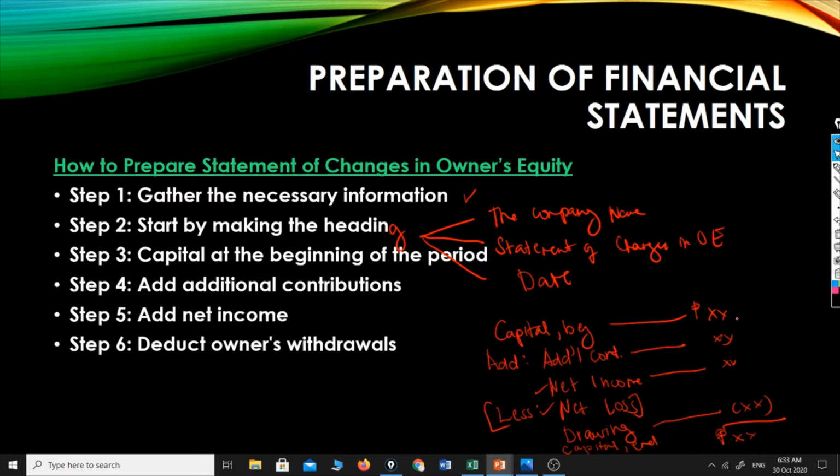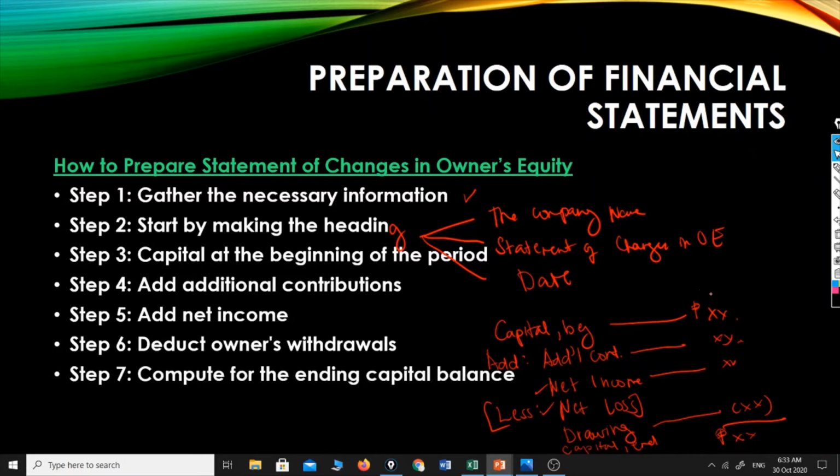So capital beginning plus the additional contribution if there's any, and if the company earned income, so additional po na. However, if the company incurred loss, of course, you will deduct that one. And lastly, the drawing should be deducted also. And that's how you come up with the ending balance of the capital.